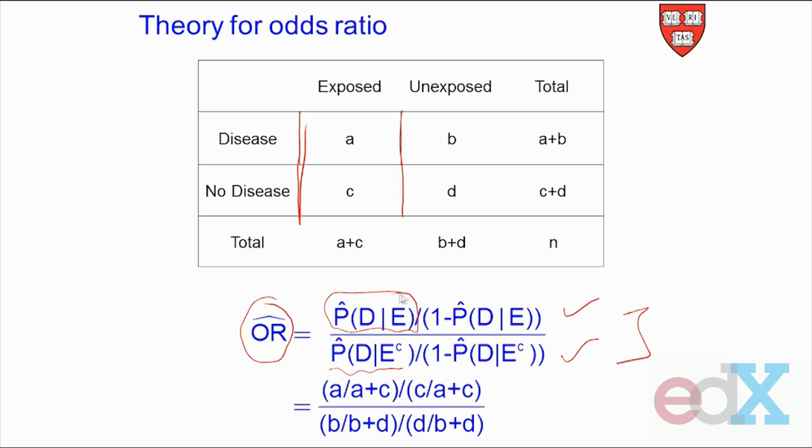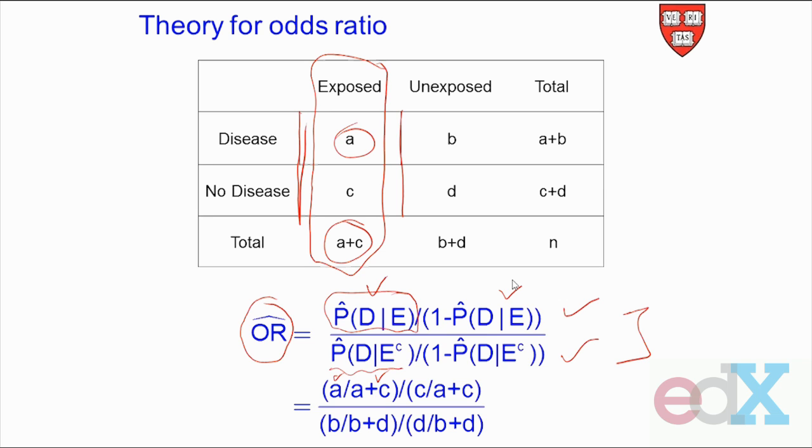Now, what about the probability of disease amongst those who are exposed? So here are the exposed. What's the probability of a disease? Well, we can estimate that by A over A plus C. So there it is, A over A plus C. How about those who are not exposed?